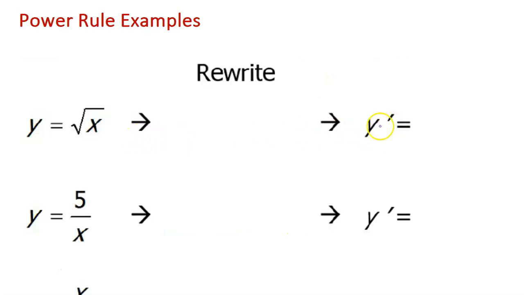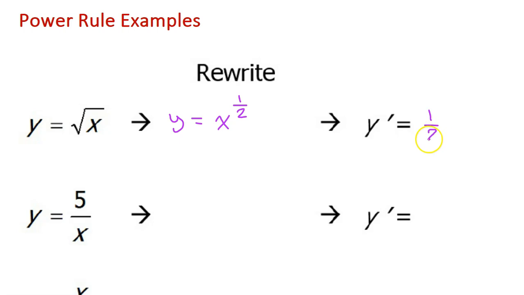It's often easier to find the derivative if you rewrite the original function first. For example, y equals the square root of x is the same as y equals x to the 1/2 power. Now we can use the power rule, which tells us that to take the derivative, we move the exponent to the front.